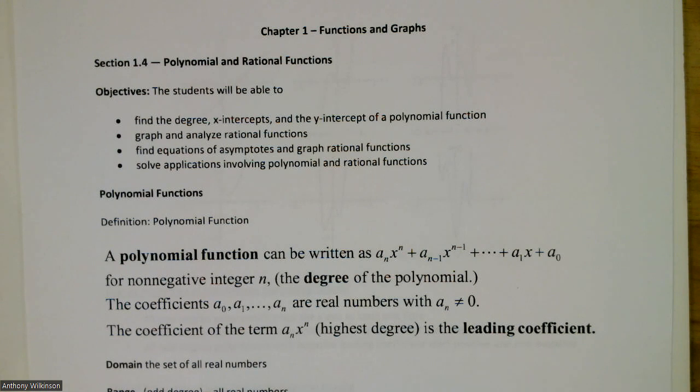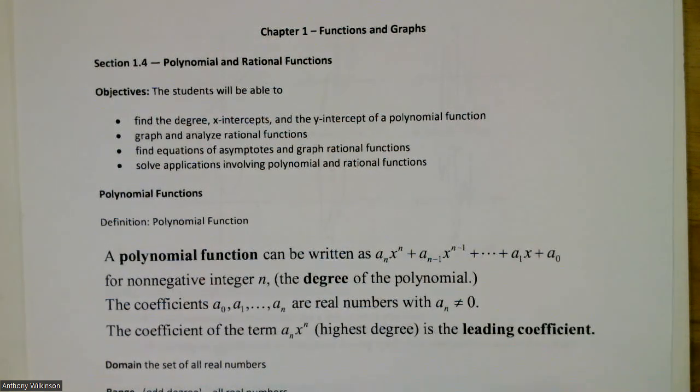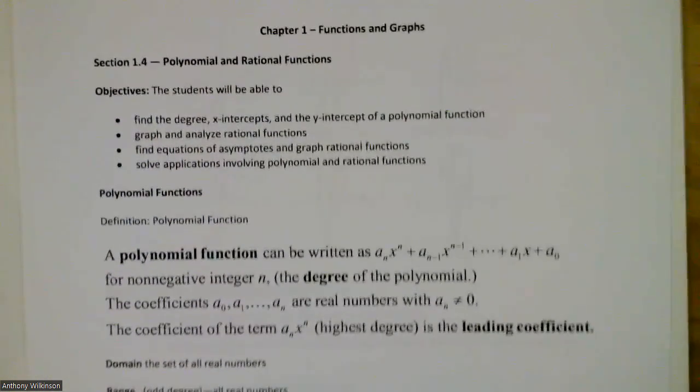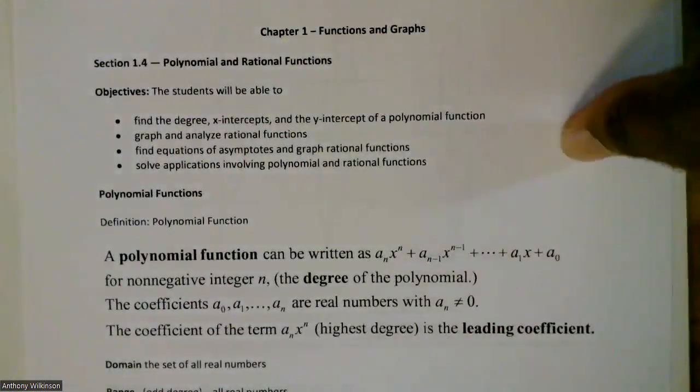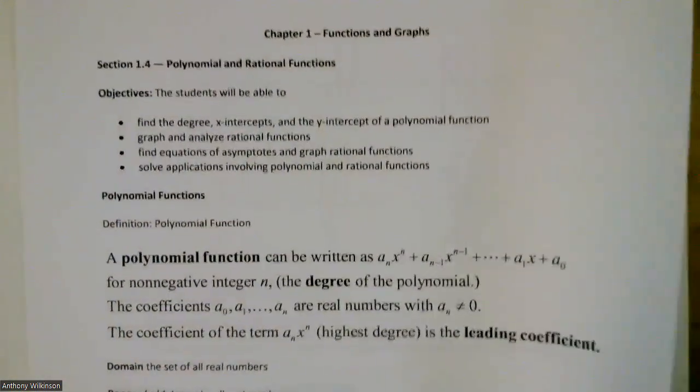Keep in mind the degree of the polynomial is going to be the highest exponent in that polynomial function. Your leading coefficient would be the coefficient of the variable to the highest power. The domain of a polynomial function is the set of all real numbers.